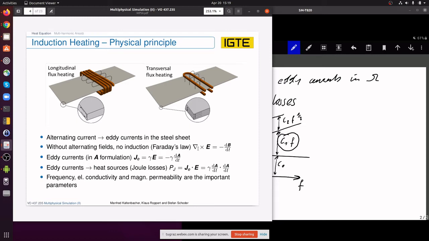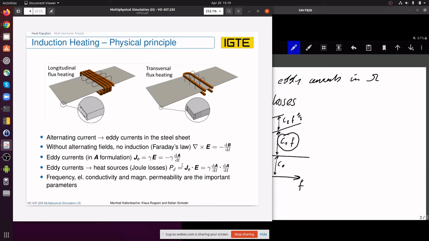Yeah. So it's based on Faraday's law, of course. Otherwise, there would not be any induction effects if there were no alternating fields. And the crucial point are the eddy currents. So the electrical conductivity gamma times E, or represented in a pure A formulation, it's minus gamma times the time derivative of the magnetic vector potential.